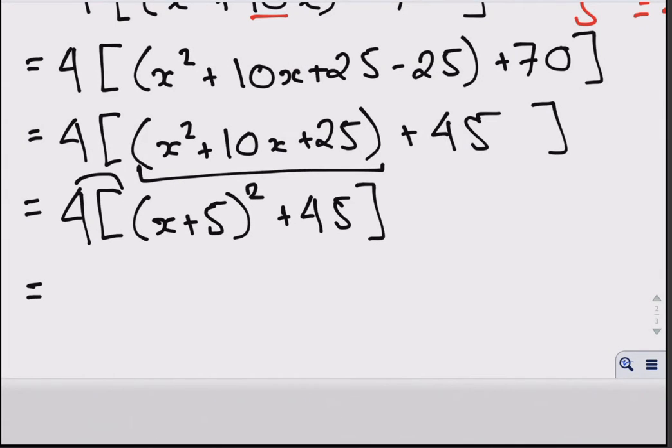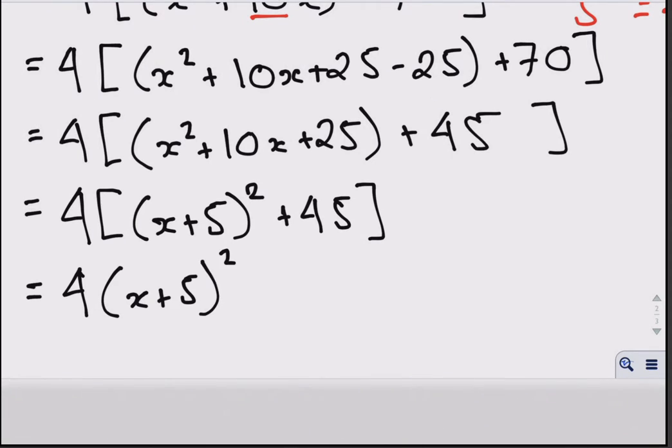So I have to multiply it by the first and by the second. So my final answer in vertex form will be 4, x plus 5 squared, don't expand this because it is vertex form, plus 180. Because 4 times 45 is 180.